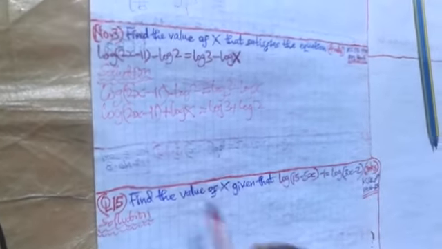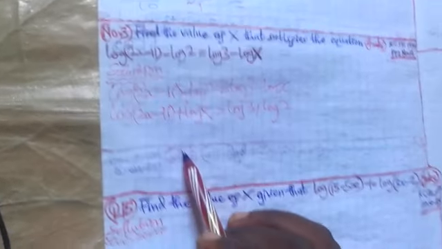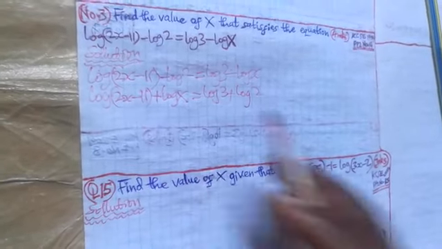Second, we are going to consider that addition goes with multiplication and subtraction goes with division.